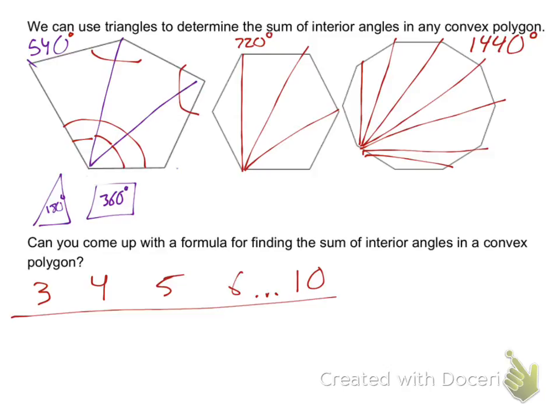How many degrees? 180, 360, 540, 720, dot, dot, dot, 1440. I don't know if that 1440 was 10-sided because we jumped. I don't know if it's really helpful.